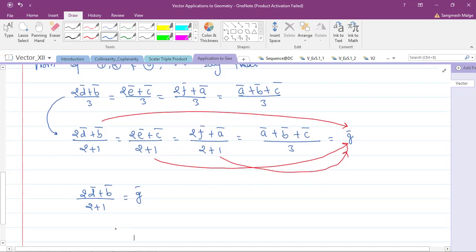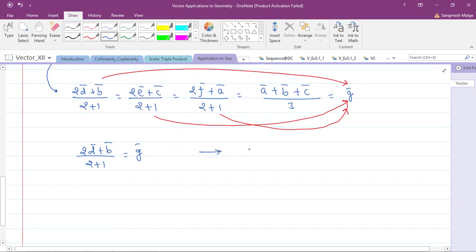Now if you observe very carefully, this is nothing but the internal section formula, (m a bar plus n b bar) upon (m plus n), where g bar divides the segment BD in the ratio 2:1. See how I am writing, segment BD, in the ratio 2:1.